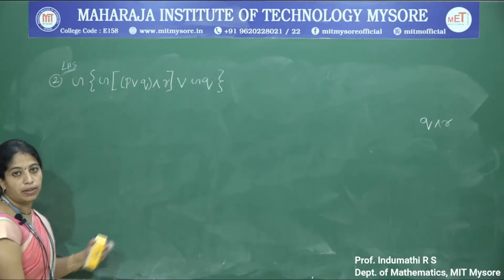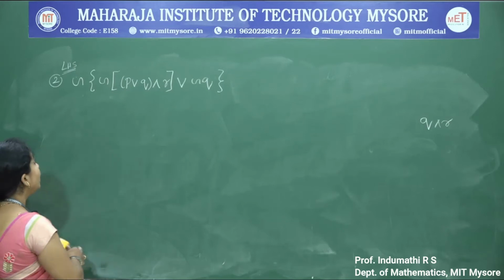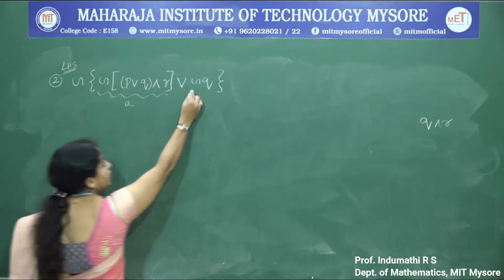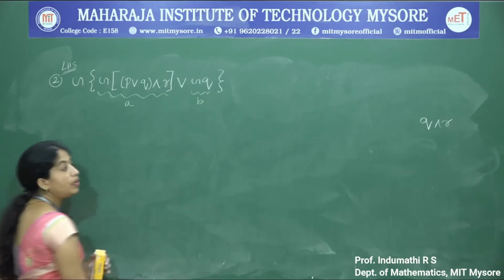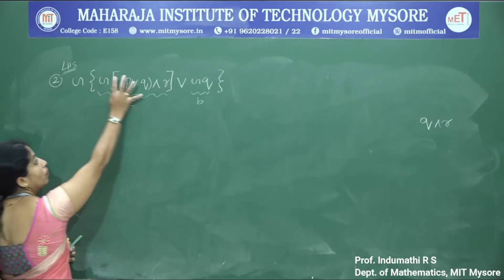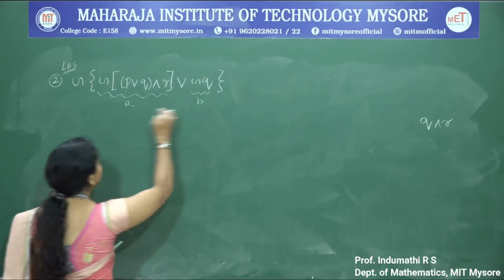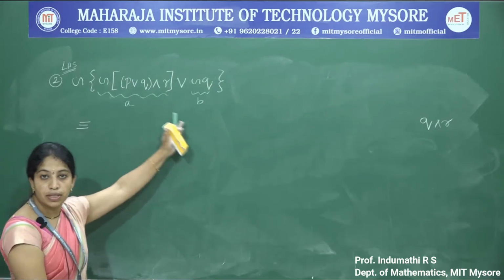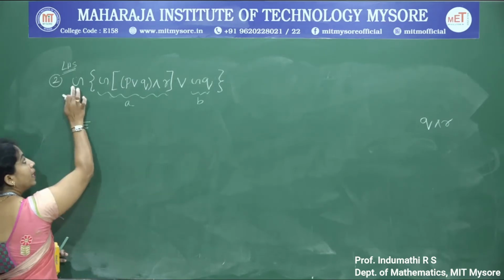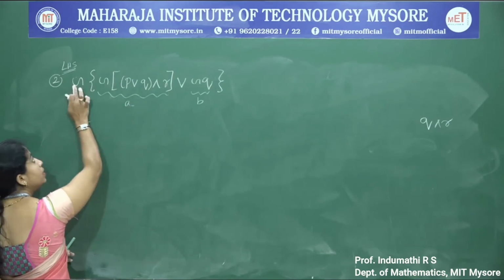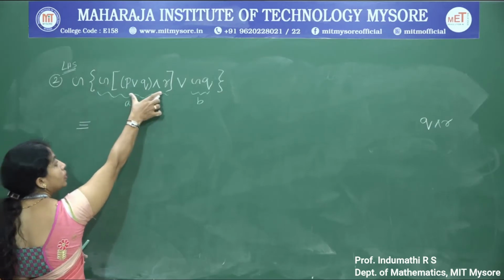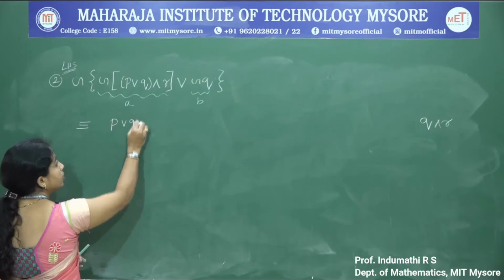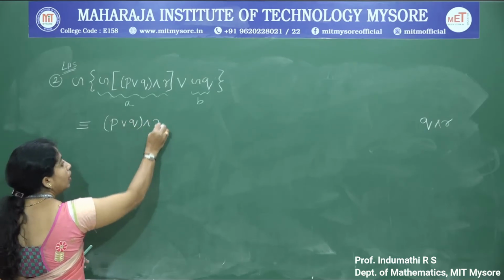Now, this is of the form negation of (A disjunction B), imagine this entire function is A and this function is B. Negation of (A disjunction B) is logically equivalent to negation A conjunction negation B. Negation A means negation of this compound proposition, that will be equal to (P disjunction Q) conjunction R.